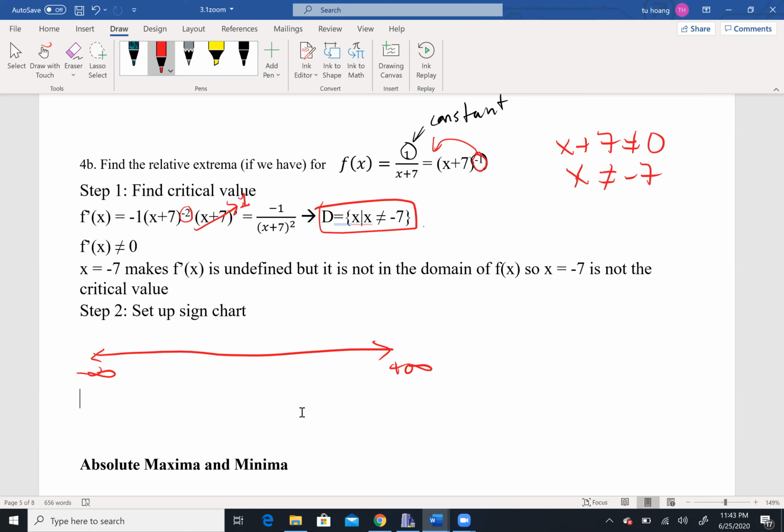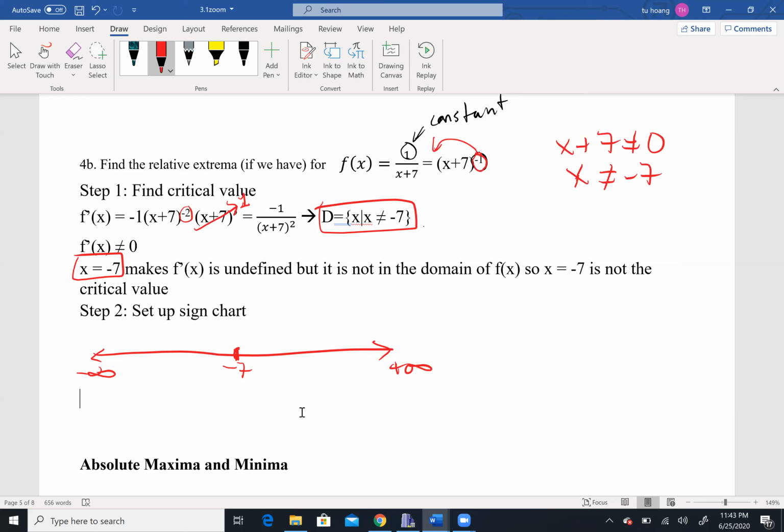Even though you don't have a critical value, you have a special value that makes f(x) undefined. So you still have to put that value on the number line, say negative 7 here, right?